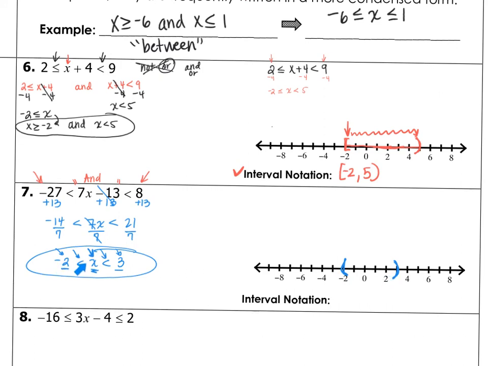And -2 is smaller than x, so x is over here, bigger than -2. And x is smaller than 3, so over here, smaller than 3. So in between. And in interval notation, that would be from -2 to 3. So hopefully that helps you understand a little more about compound inequalities, both "or" problems and "and" problems.